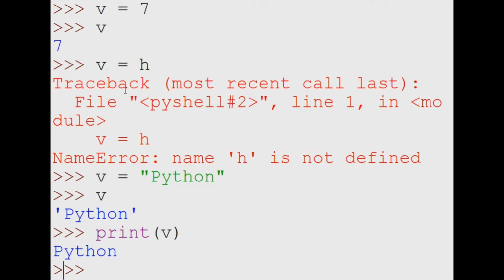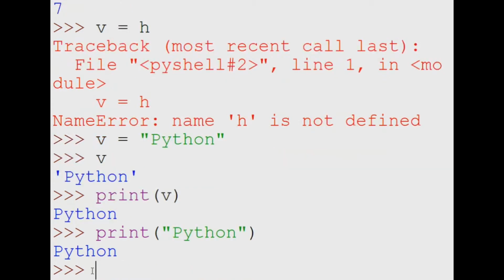Now if I write print, and in it I take double inverted commas and type Python, then it will print that. Print is like a printer, it will print what is given in it.